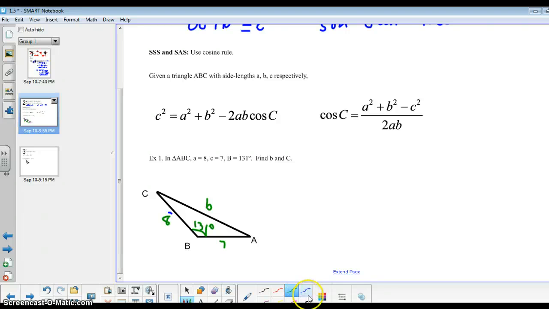If you're fine, we'll keep moving, and we're going to look at this formula first. I want to solve for B, so I'm going to write this formula in relationship to B. Remembering back from last year, I can rewrite this as B squared equals A squared plus C squared minus 2 times A times C times cosine B. So I'm going to go ahead and write that.